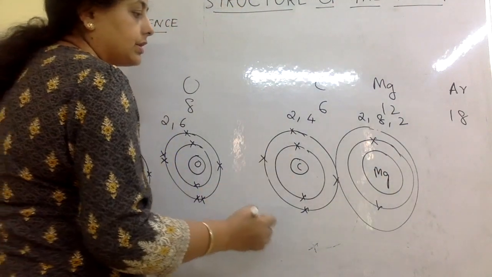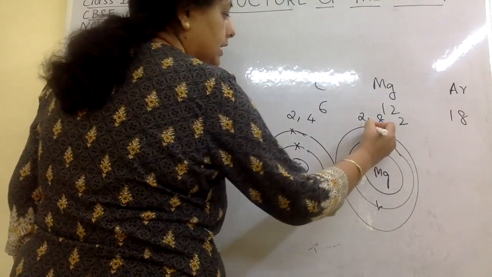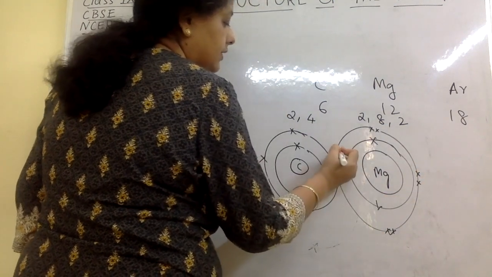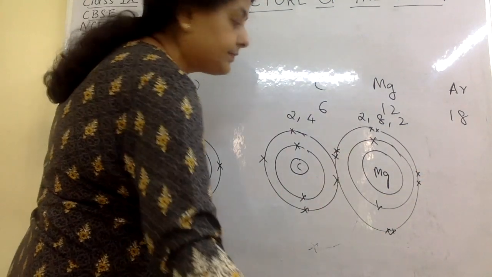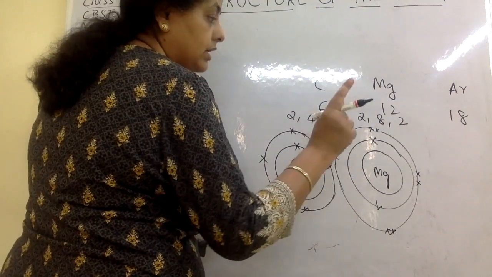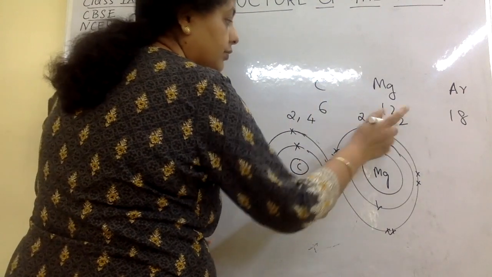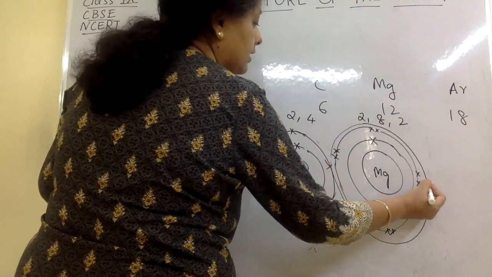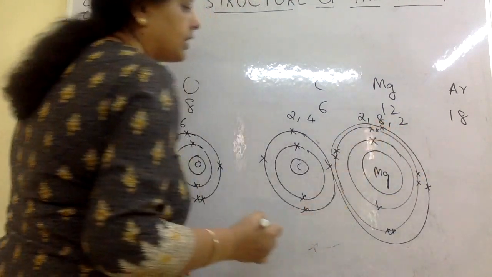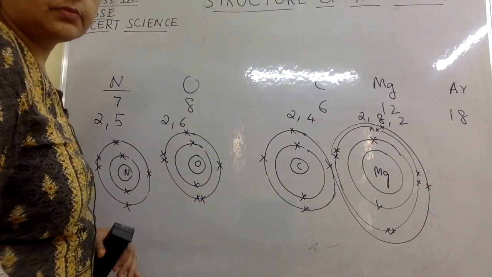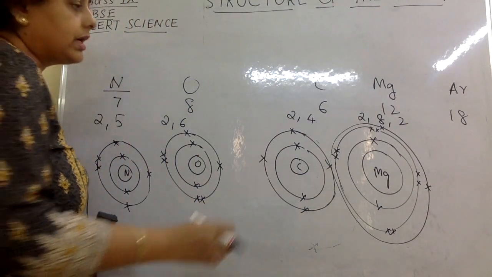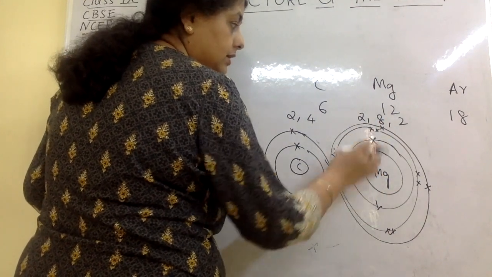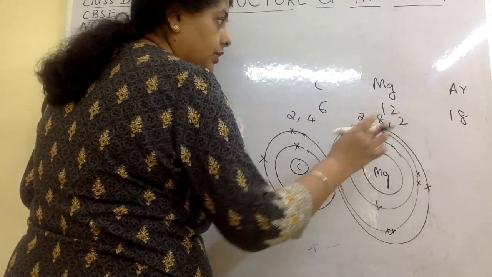So how to draw this? 2 is drawn, then 8, 1, 2, 3, 4, 5, 6, 7, 8. Now I need one more shell because I have to put 2 more. So here it goes, 1, 2. So I have put 2 more here: 2 in the first orbit, 8 in the second orbit, and again 2 in the third orbit.